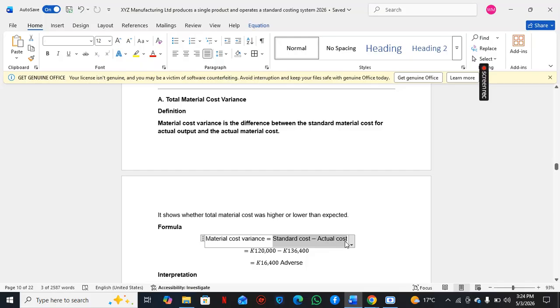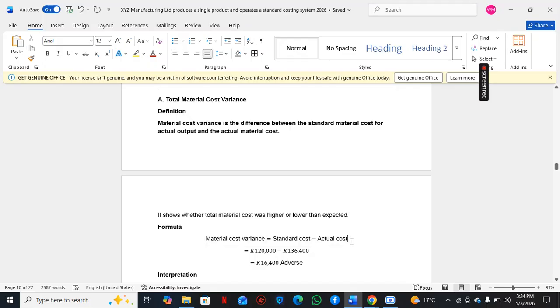The reason why I flipped it here is because with these cost variances, the actual has to be less than the standard. It means that is better. So anytime you get a negative value here, it means you did bad, and if you get a positive value, you did good.